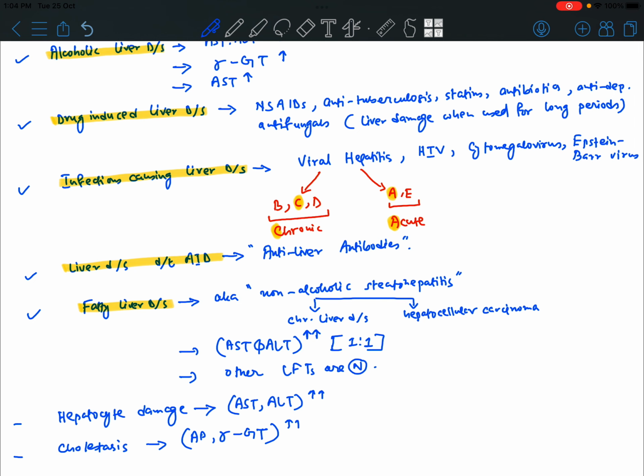Now AST is found in many other tissues like cardiac tissue, smooth muscles, skeletal muscles, brain, kidney. AST is found in the cytoplasm and mitochondria. ALT levels indicate very specific liver injury, that is ALT is present only in the liver.